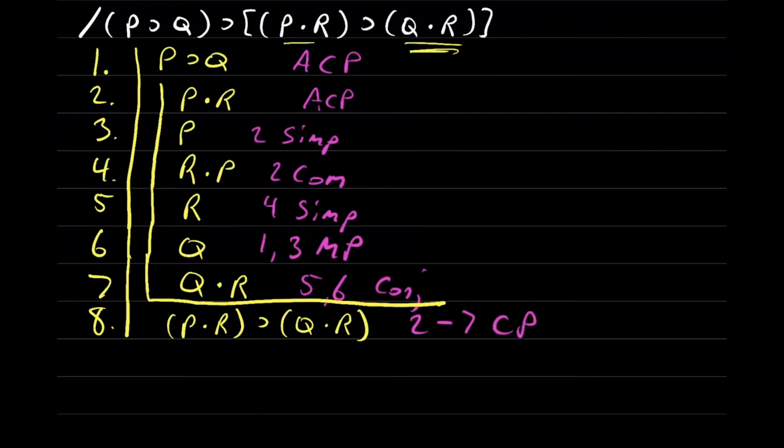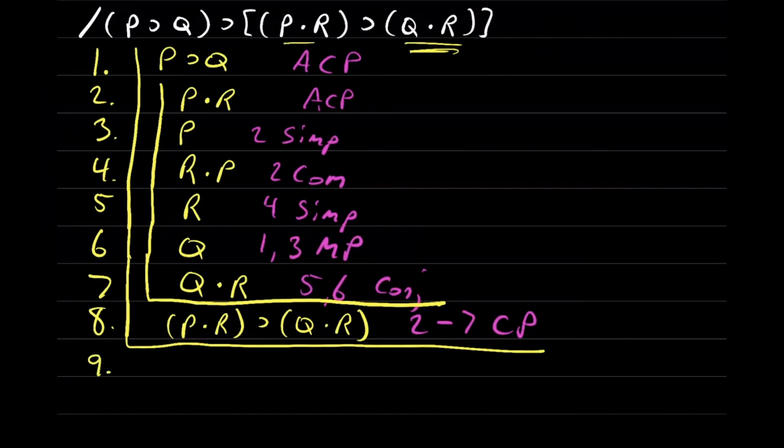Now look what I've accomplished. I've shown that if I assume P implies Q, the antecedent of the conditional that we were given to try to prove, that long statement in white there is a logical truth. If we assume the antecedent, we can derive the consequent. So we are done with that conditional proof sequence. Line 9 now is outside the scope of both of those conditional proof sequences.